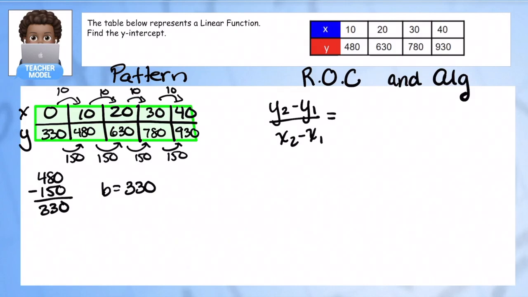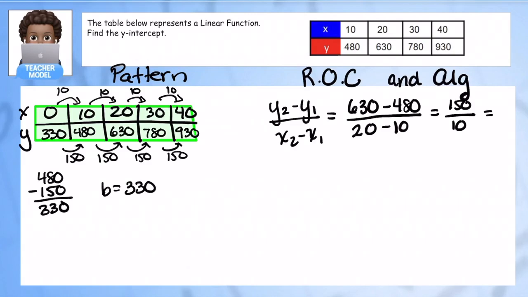And I'm just going to choose 2 points. So 630 minus 480 and 20 minus 10. My top numbers are 150. 20 minus 10 is 10. So my slope is equal to 15. So m is equal to 15.